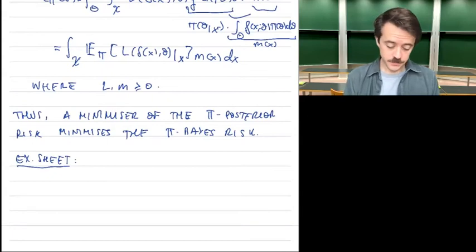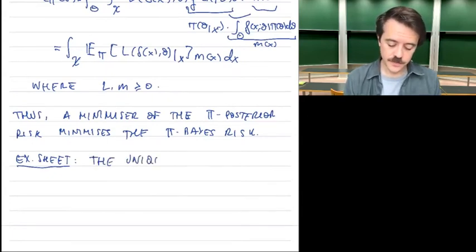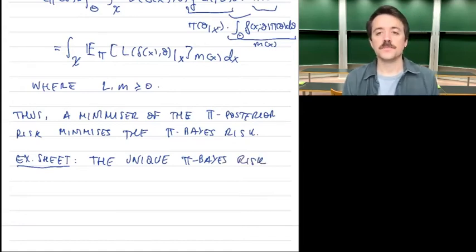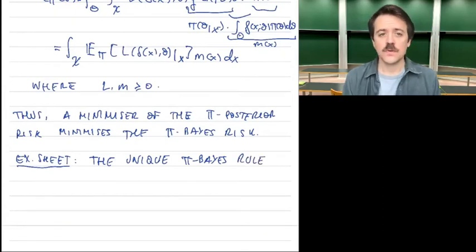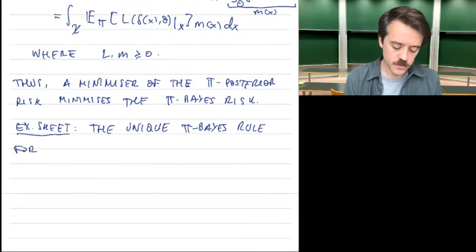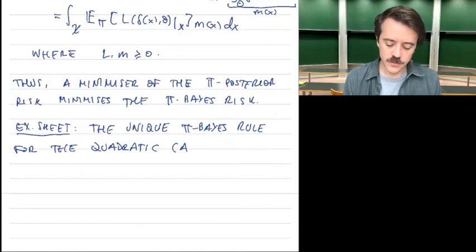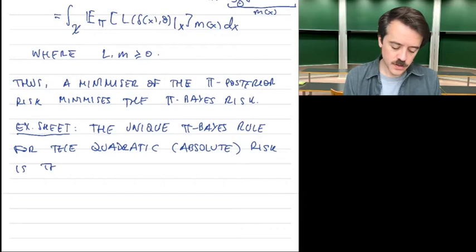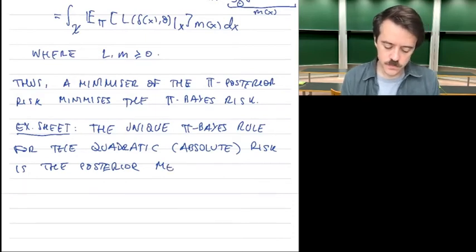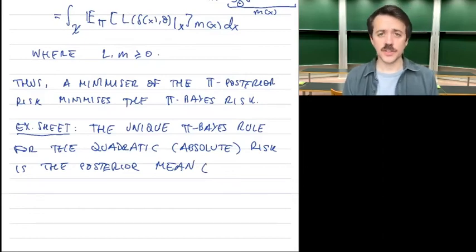You're going to show the following in the example sheet: that the unique pi Bayes rule, sorry, not risk, rule, for the quadratic risk is the posterior mean. And for the absolute risk, it is not the posterior mean, but rather instead the median.